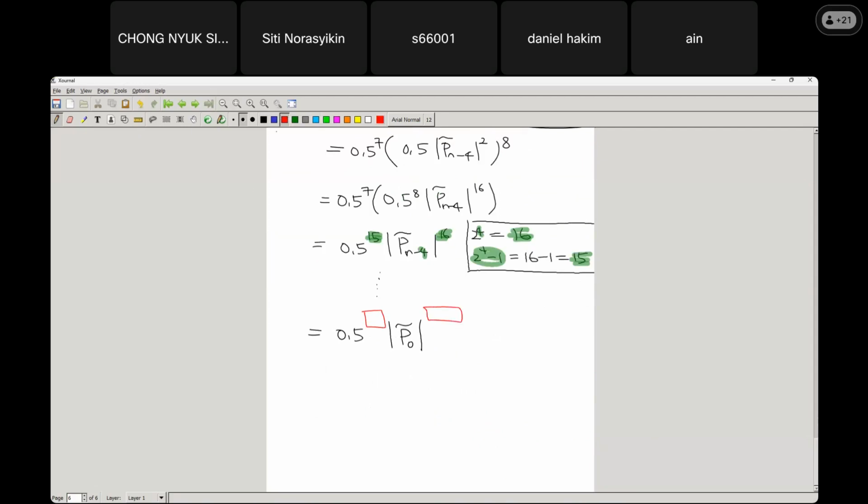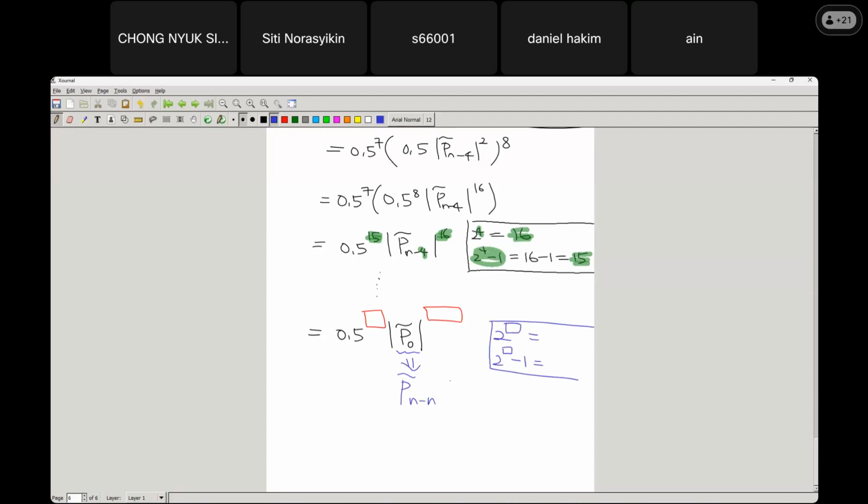In order for me to get 0, I know that my Pn should be n minus n, correct? n minus n gives a 0. So here I'm going to write 2 in a box. This is 2 power of something. What is the something here? And next, I have 2 power of something minus 1 equal to something here.